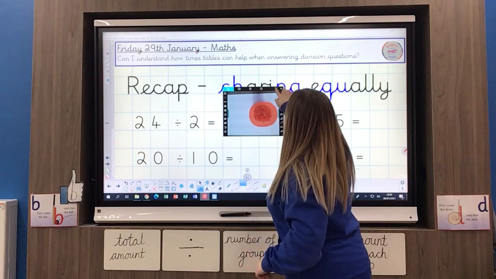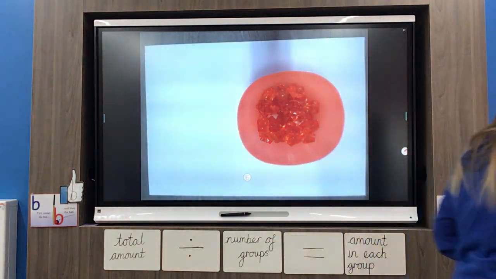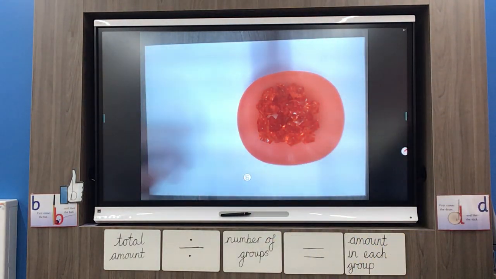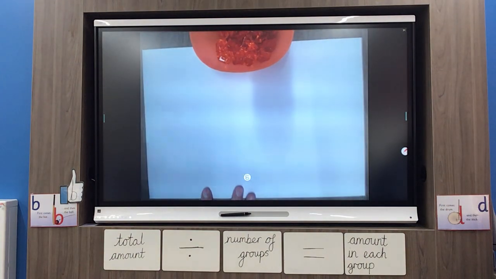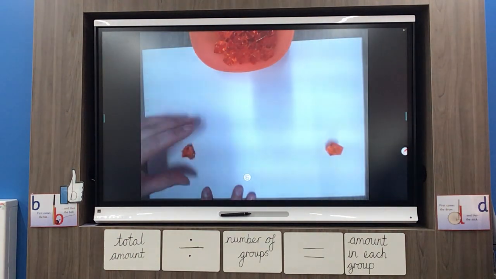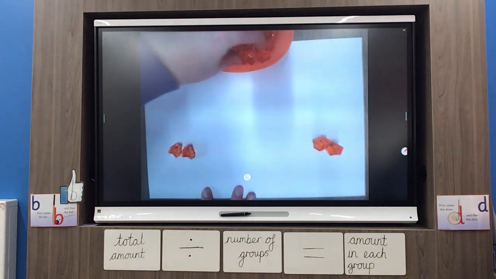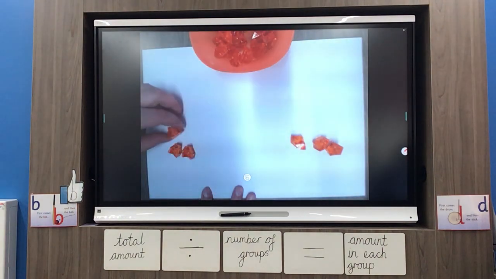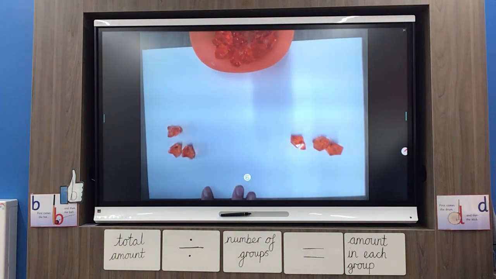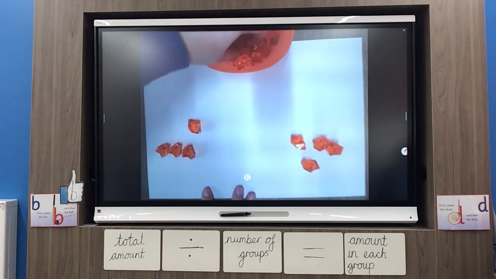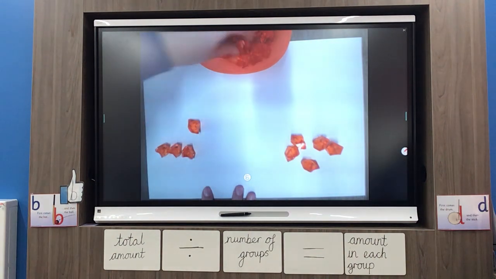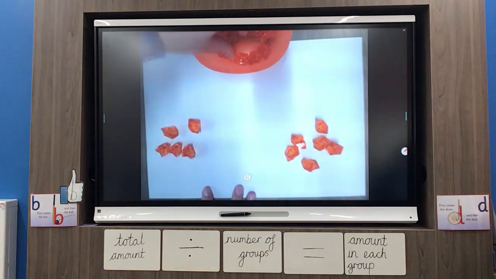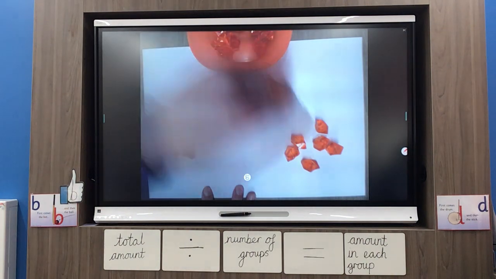Okay, so in my little pot I've already got 24 gems. I'm going to share them now into 2 groups. Taking my time, making sure that each group has got the same amount.